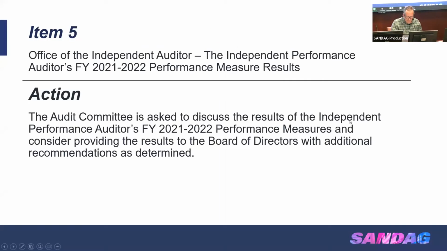Okay, with that, we will go ahead and move on to the main part of our agenda and the reports. The first item is the Office of the Independent Auditor's performance measure results for fiscal year 21-22. And I believe, Mary, you'll take this? Yes, I can take this and then I'm going to hand it back to you, Chair Zito.